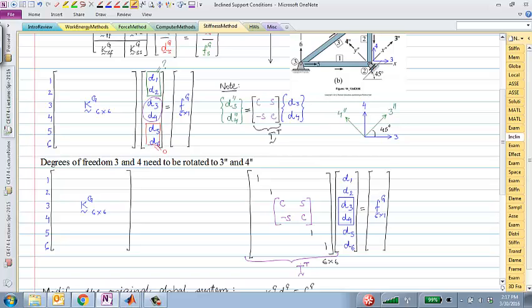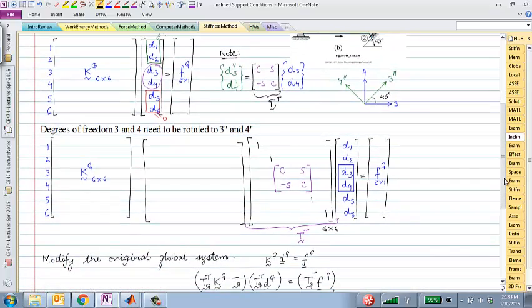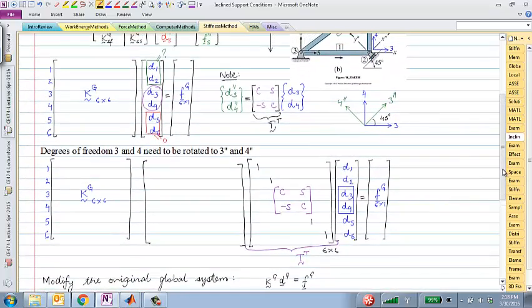But the problem is that I cannot just go in and multiply that equation that I had. That was an equilibrium equation. I cannot change that equilibrium equation as I please. To make sure that I don't change the overall equation, I will also pre-multiply it with another transformation matrix, which is the transpose of that.